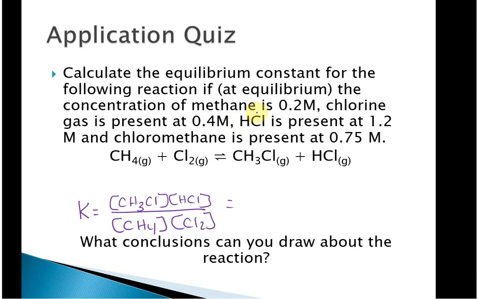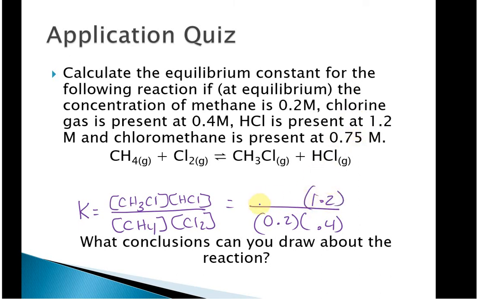Now, if at equilibrium you get the concentrations, and you actually will in lab, you're going to be getting those concentrations from your spec, you can plug them in. And so we tell you at equilibrium the concentration of methane is 0.2 molar. Concentration of chlorine is 0.4 molar. Concentration of HCl is 1.2 molar.